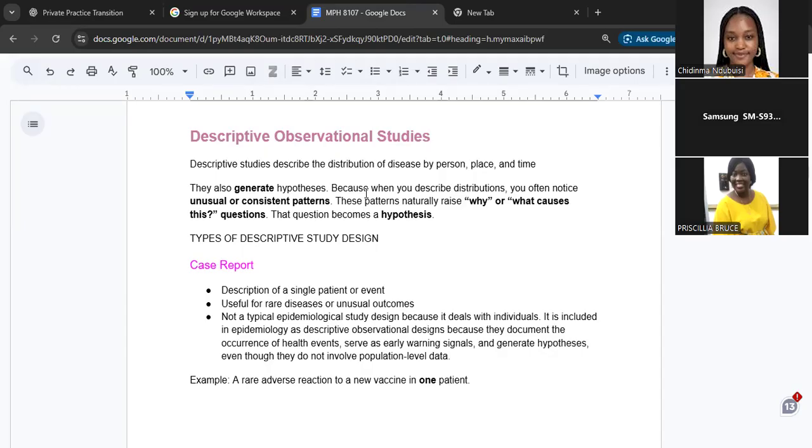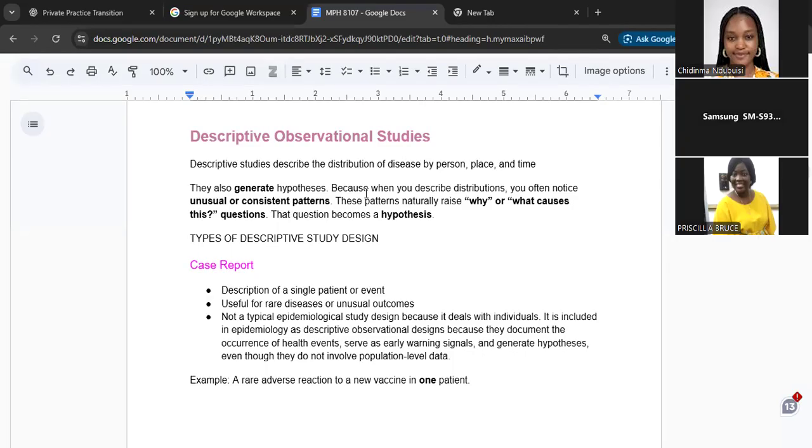Now, a question comes up in our mind, and that question is why? Why is it like that? What is happening? That becomes a hypothesis. That's how a hypothesis is formed, basically. That's the simple way to explain it.